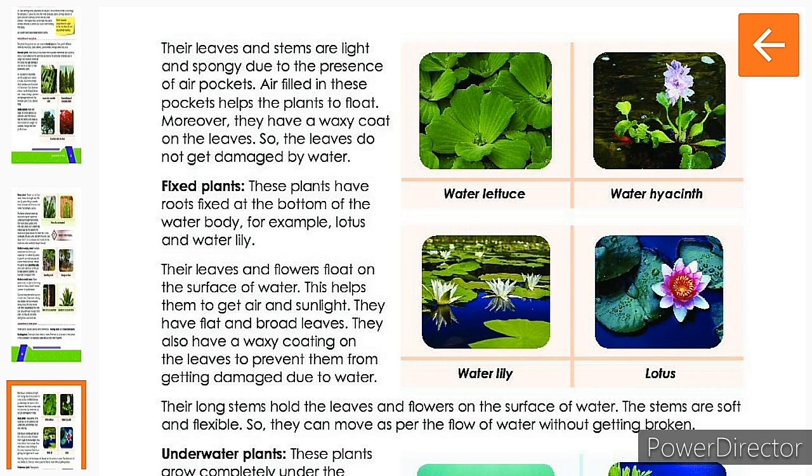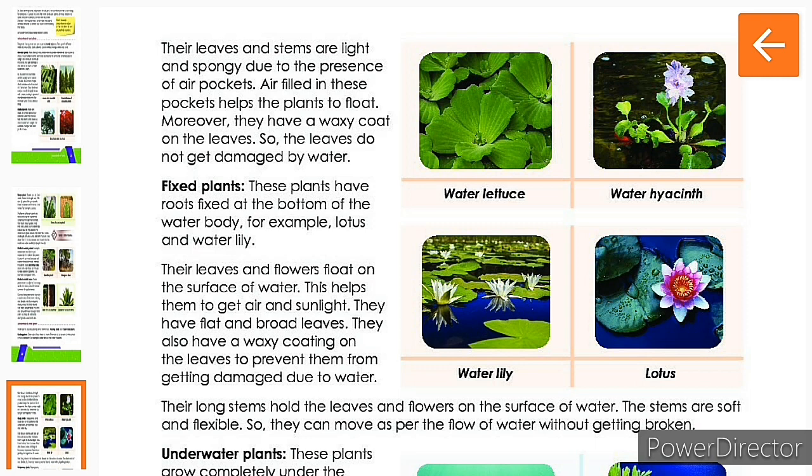They also have a waxy coating on the leaves to prevent damage due to water. You can see in the picture in your book, the leaves are broad and flat, and have waxy coatings.